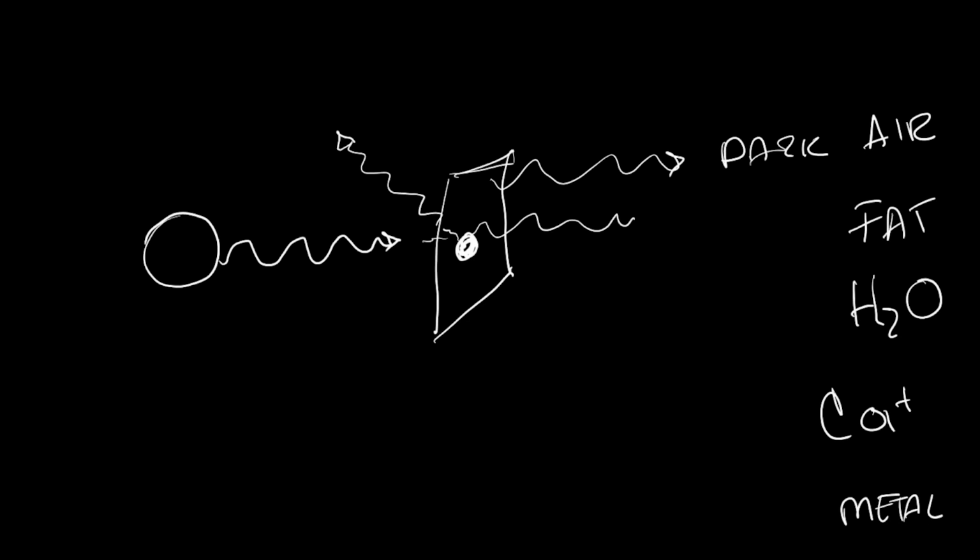So the result of this is that in the detector, you're going to see things that have a grayscale from very dark to very bright. And we call those, in X-rays, radiodense or radiolucent when they're dark, or radio-opaque when they're very white.